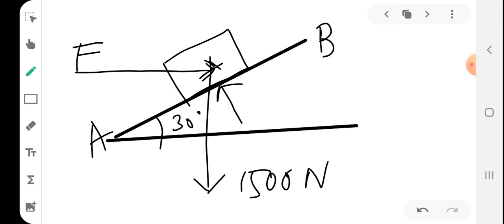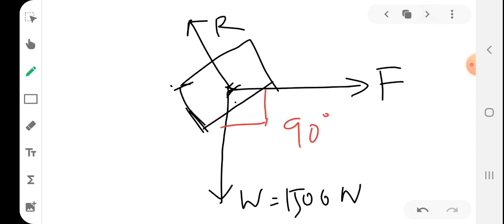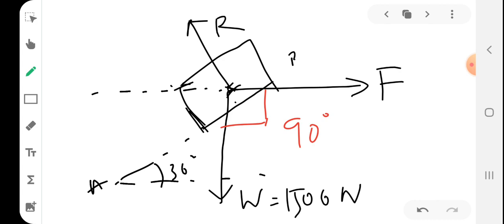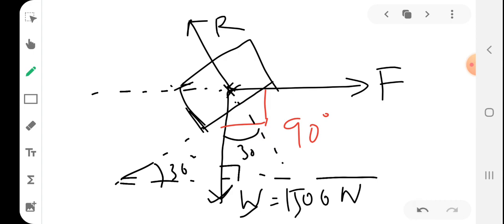Another important aspect is we should be able to find the angle between this reaction force and the horizontal. Suppose this is the horizontal line, and this angle is 30 degrees. If the angle between the plane AB and the horizontal is 30 degrees, then the angle between their perpendiculars is also 30 degrees. The weight W is perpendicular to the horizontal, and R is perpendicular to the plane, so the angle between R and W is the same 30 degrees.